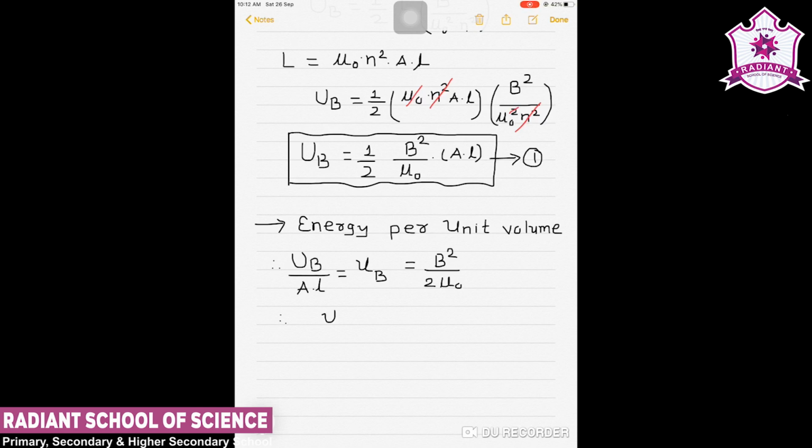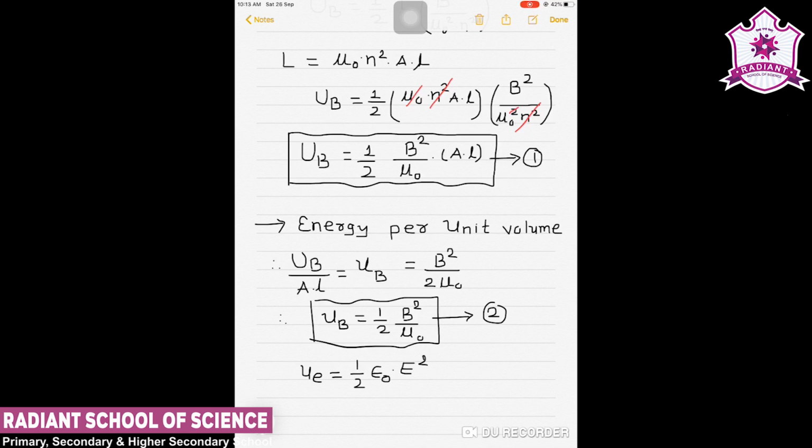Now this is comparable with the energy stored in a capacitor. If we compare it with the energy stored in the electric field, it is given by UE, which is 1 by 2 epsilon 0 E square. So this equation number 3 is the equation for the energy stored inside the capacitor.